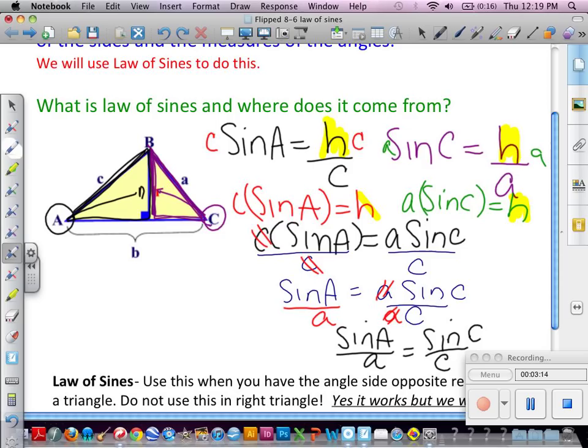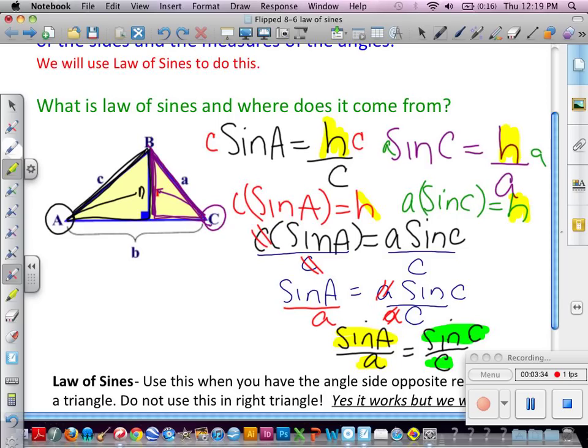So this actually is the law of sines then. When you take the sine of an angle, you put it over the side that is opposite it. And that will be equal to the sine of another angle and the side opposite.